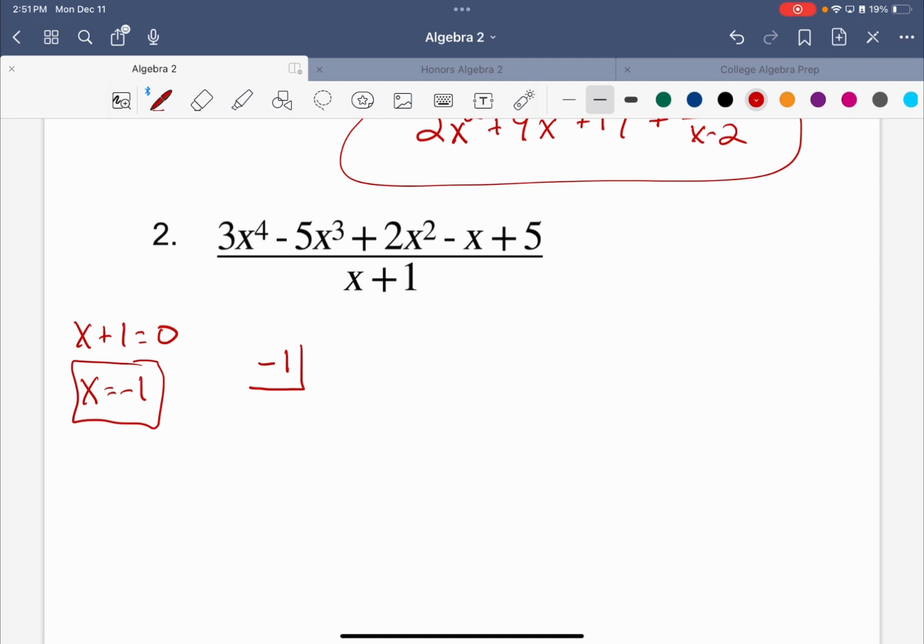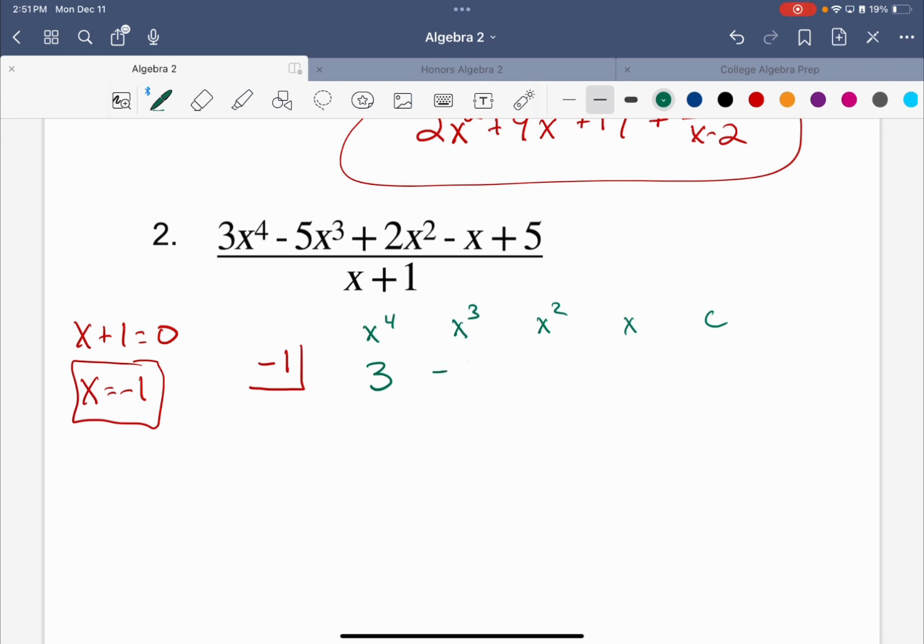Now, this next part I just like to do. You don't have to do this, but I just like to do this. It starts with 3x to the 4th. And then I just like to write down the x cubed, x squared, and x, and the constant. I just like to write that down to make sure I know which ones have to be filled in. They all have to be there.